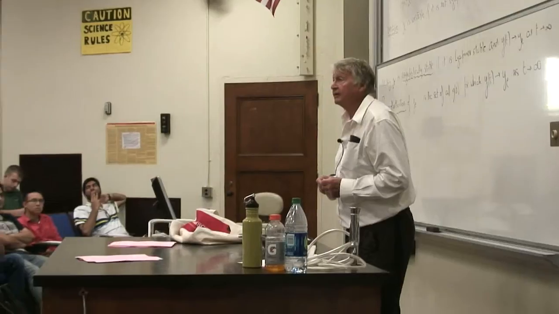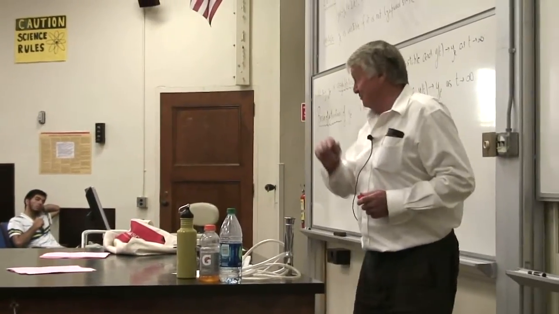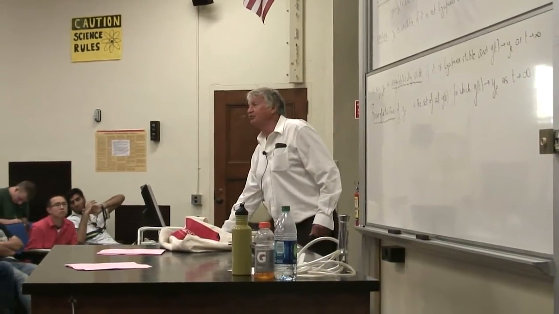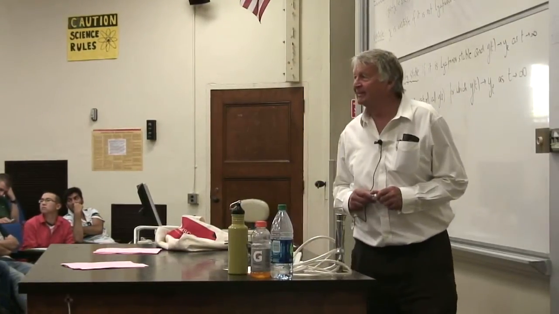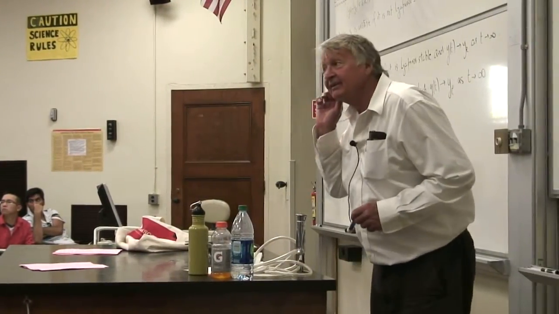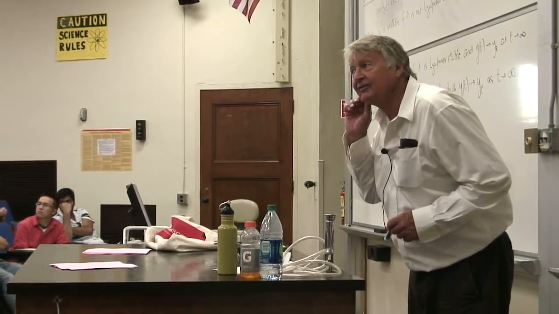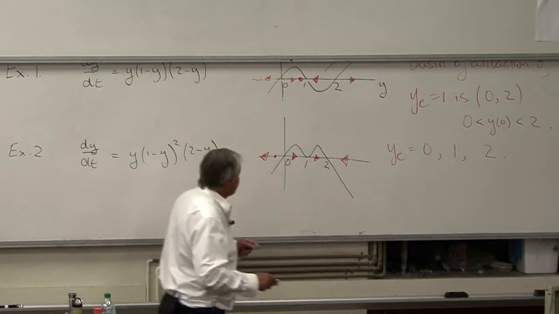Question? What is the basin of attraction for that semi-stable solution? Very good. I'm glad you brought that up because I meant to ask that. Can I put the challenge to you? Would the basin of attraction be like 1 less than y less than 2?